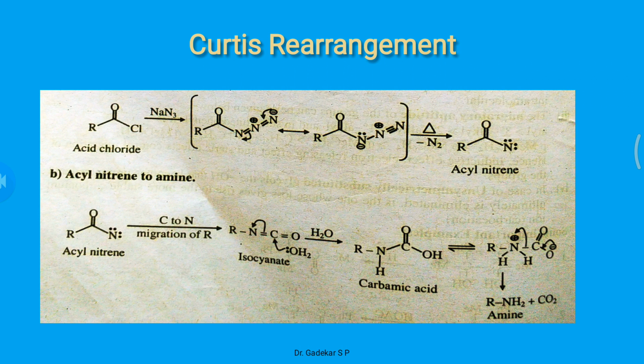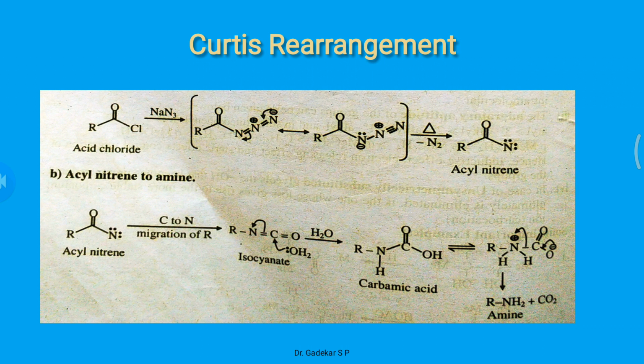nitrene is also unstable. This nitrogen-containing acyl nitrene has two lone pairs on nitrogen, and these are unstable. So here the carbonyl group is electron withdrawing and delocalizes a lone pair, and at that time the R group migrates toward the nitrogen and forms an isocyanate.